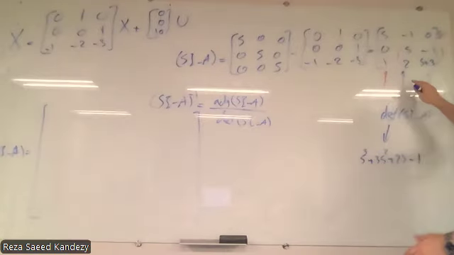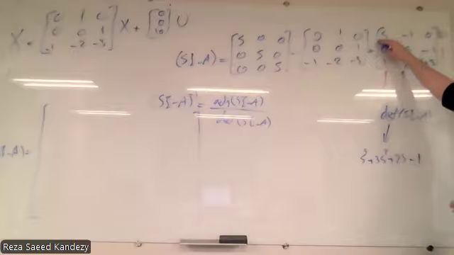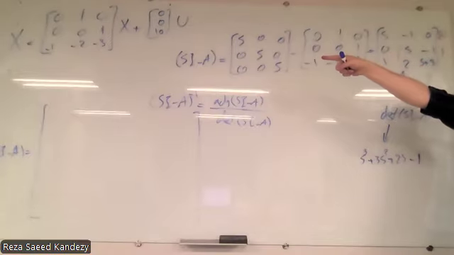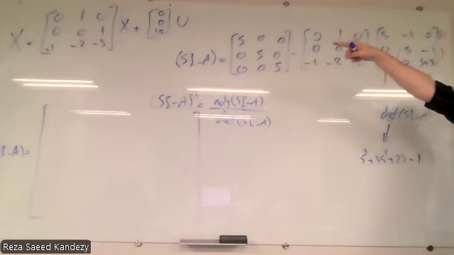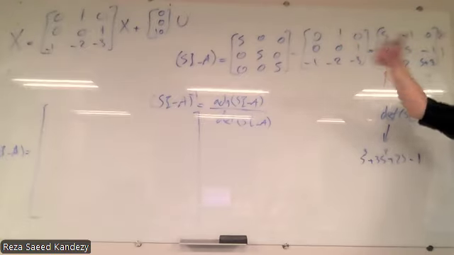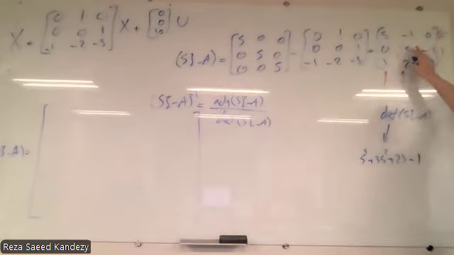Okay. To do the adjoint, if I'm making a mistake, let me know. Okay, we have to eliminate the first column and the first row for the column 1 component. Is that okay? And do the determinant of the rest.